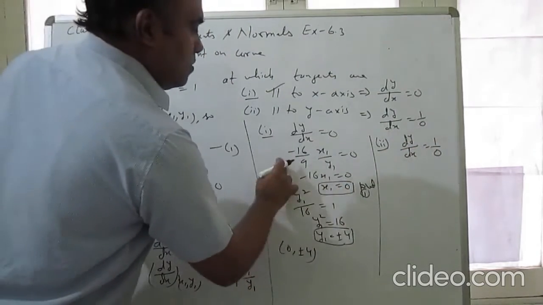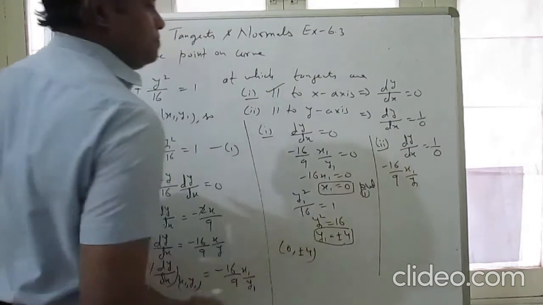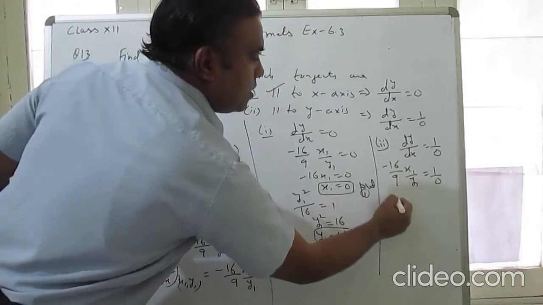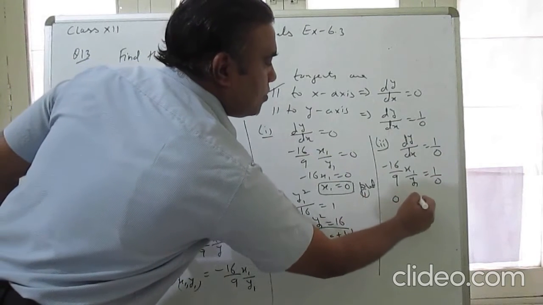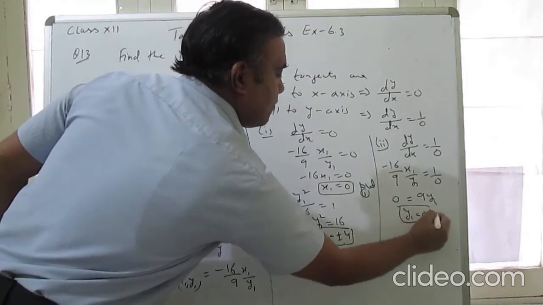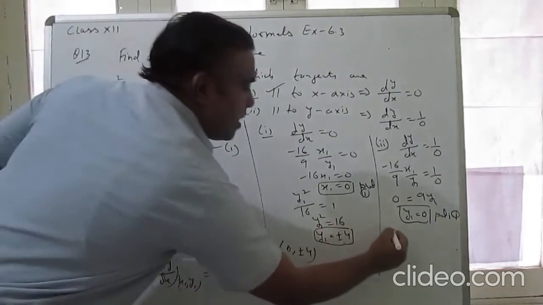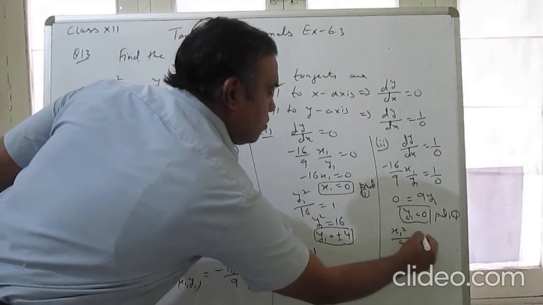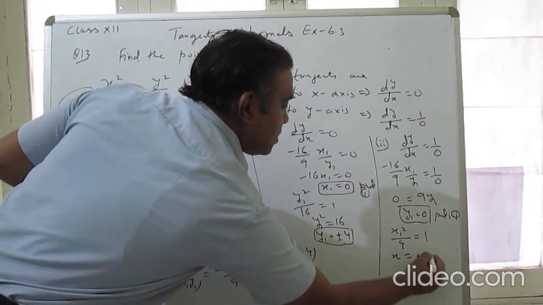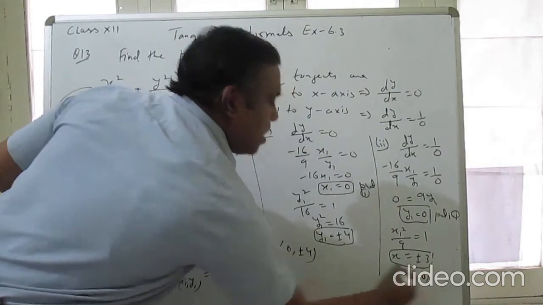So minus 16 upon 9 x1 upon y1 is equal to 1 upon 0. Cross multiply, so 0 is equal to 9y1, y1 is equal to 0. Put in 1, y1 is 0, so x1 square upon 9 is equal to 1. So x is equal to plus minus 3. So the points are plus minus 3, 0.